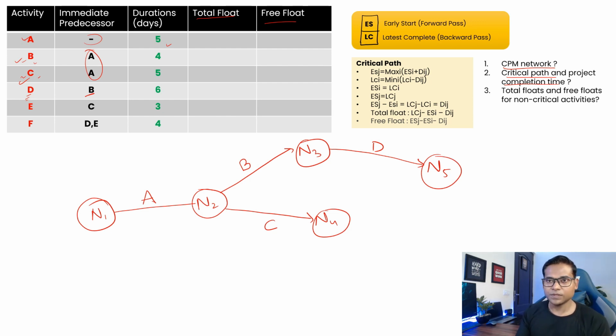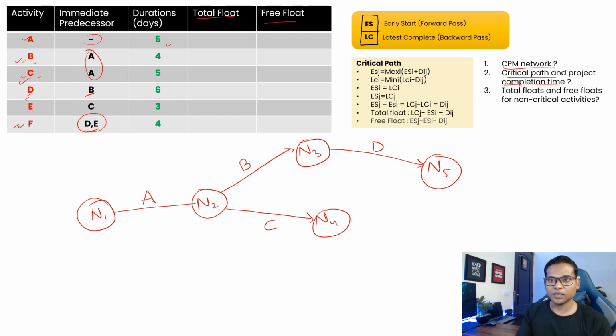But now if you see, D is basically finishing at a point where E is also converging, right? Keep this in mind. It means that there has to be a node where D and E are converging, okay? And from that node onwards, your F will be branching out, right?